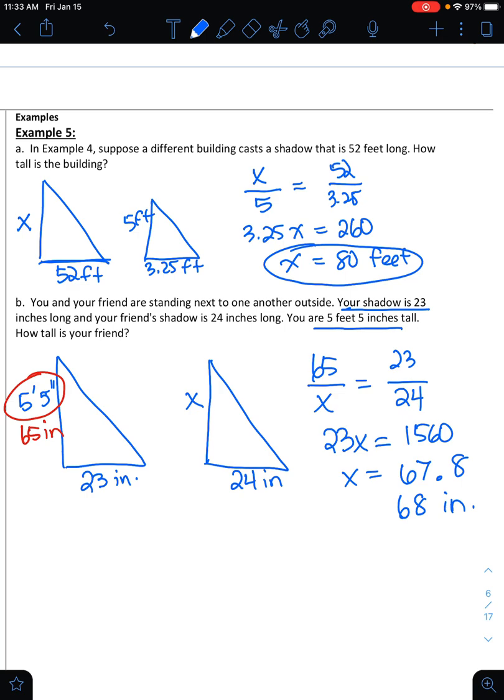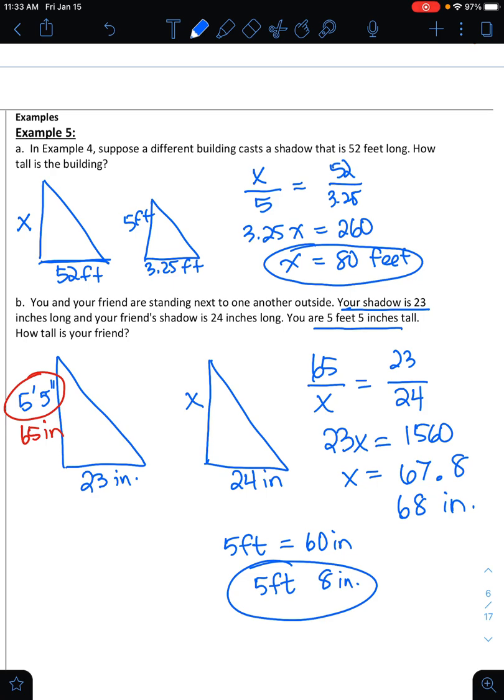So if they are 68 inches tall, I know that 5 feet is equal to 60 inches, right? So your friend is at least 5 feet. So then if 5 feet gets me up to 60 and there are 8 more inches left, that means your friend is 5 feet 8 inches tall. Okay?